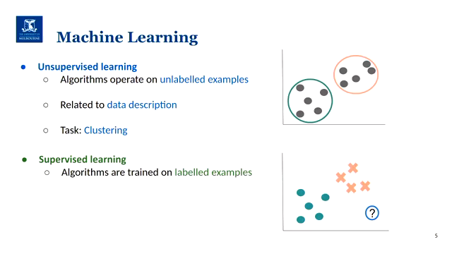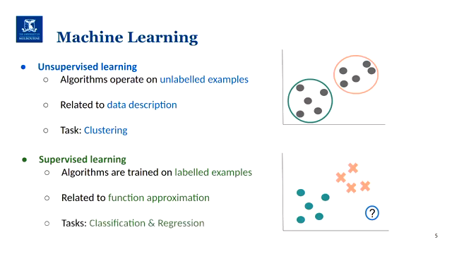So algorithms are trained on labeled examples. So let's say for each sequence, I know this set belongs to a specific functional class, and this set belongs to a different specific functional class. So you have a classification problem. And in this way, supervised learning has more to do with function approximation. And the main two tasks for supervised learning are classification and regression.